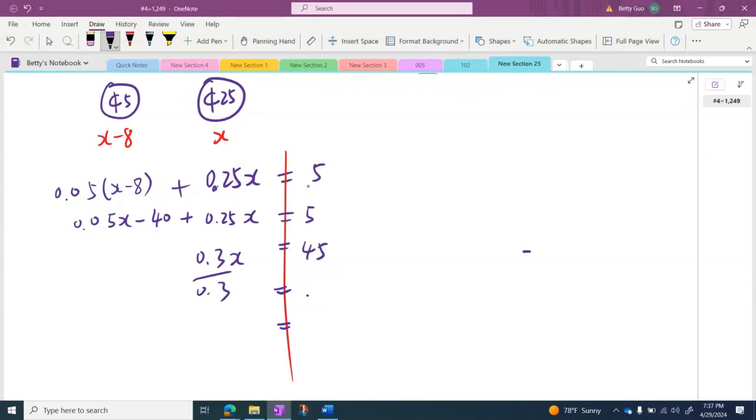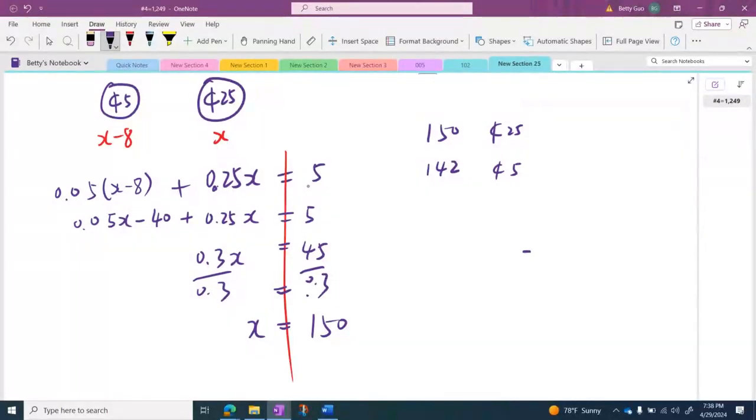So we divide by 0.3, x equals 150. So she has 150 quarters. She has 142 nickels.